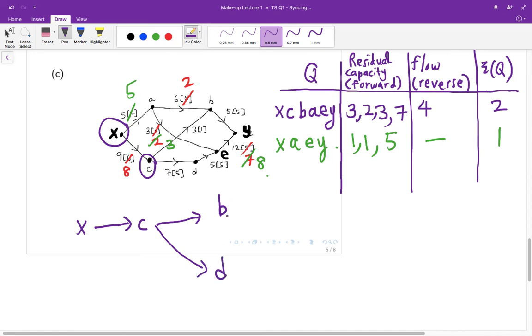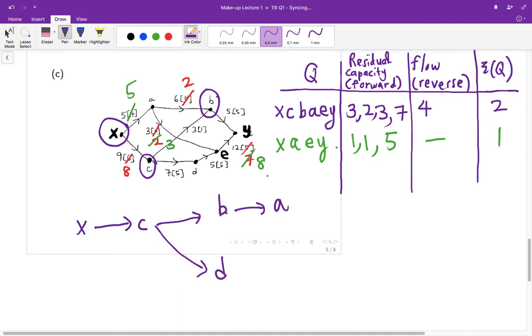Let us suppose we go to the vertex B. Now from B, we can't go to the sink Y because the arc is saturated. We can go from B to A by using the arc as a reverse arc. This is allowed because the flow along the reverse arc here is not 0.